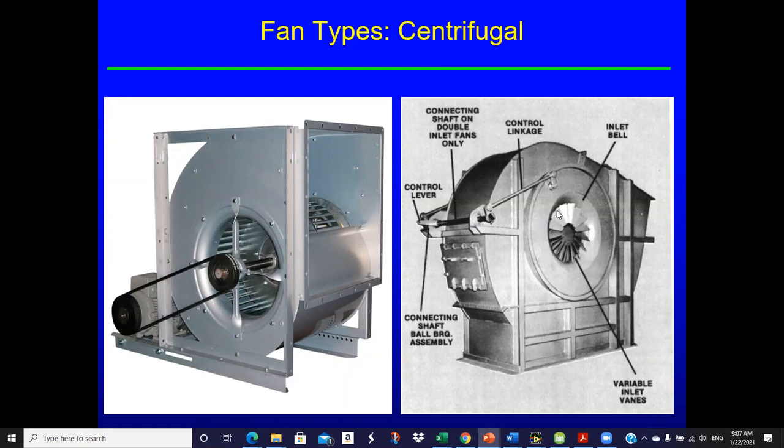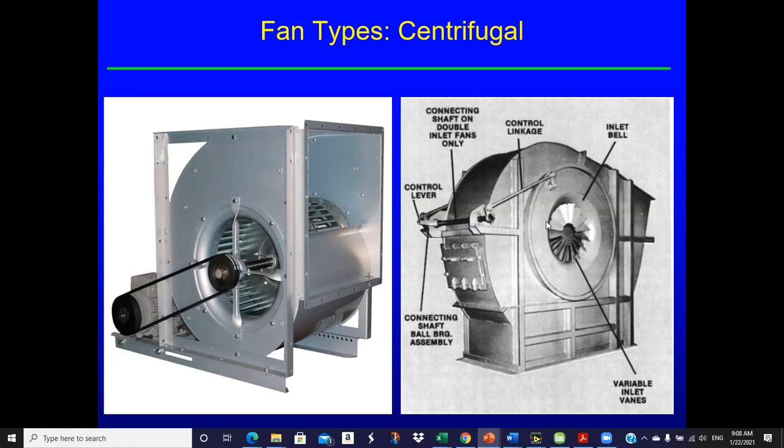The more you close them, the more pre-rotation, because the air gets pulled through these things in a swirling pattern and goes in swirling in the same direction that the wheel is turning. And so the more you pre-swirl it, the less effect the wheel has on the capacity. And so you can adjust capacity by adjusting the amount of swirl coming in.